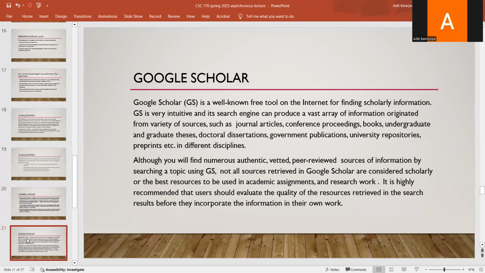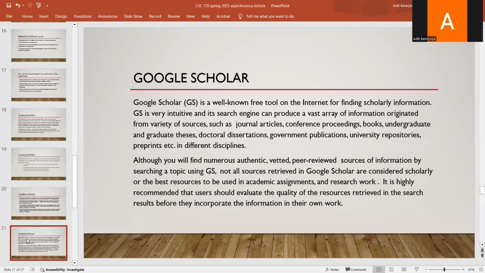Let's talk about Google Scholar or GS. Google Scholar or GS is also a very popular free tool on the internet for finding scholarly information.